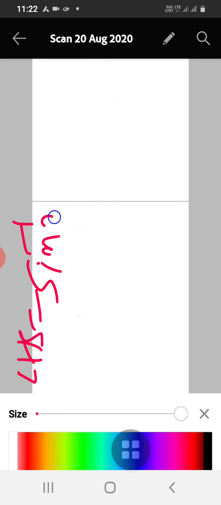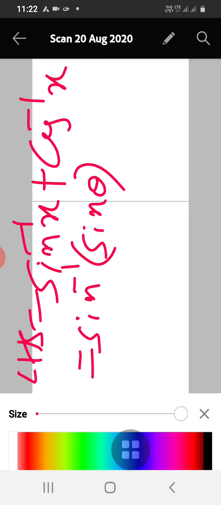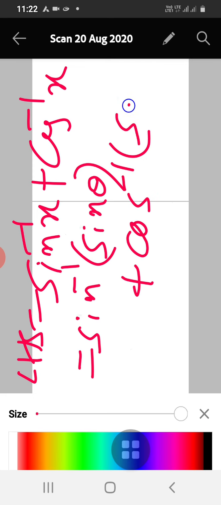So consider LHS. What was our LHS here? Sin inverse x plus cos inverse x. So I will replace x here. What was x here? Sin theta. Sin inverse of sin theta plus cos inverse of x means cos inverse of sin theta.